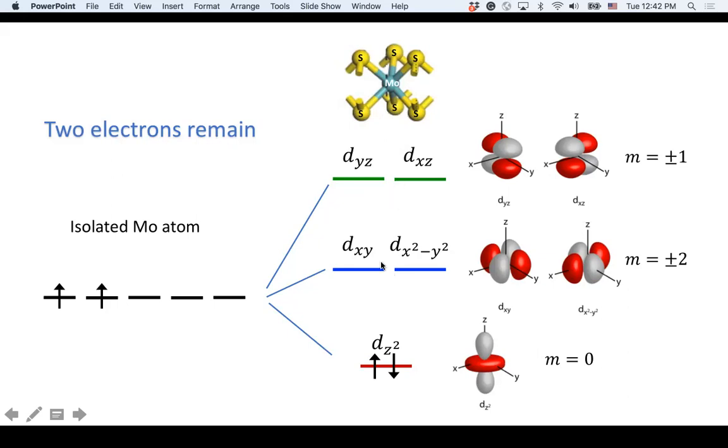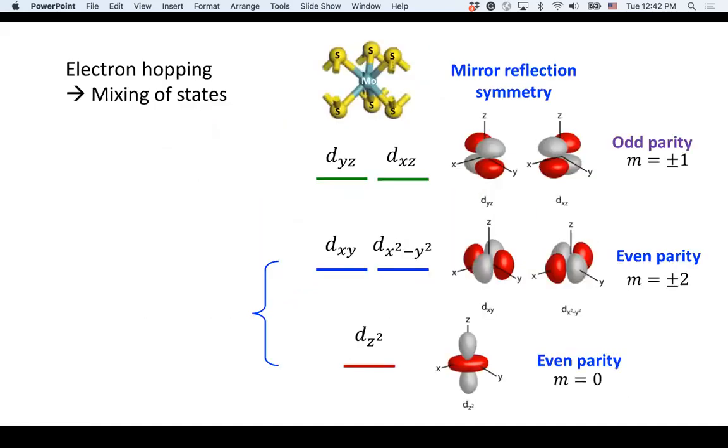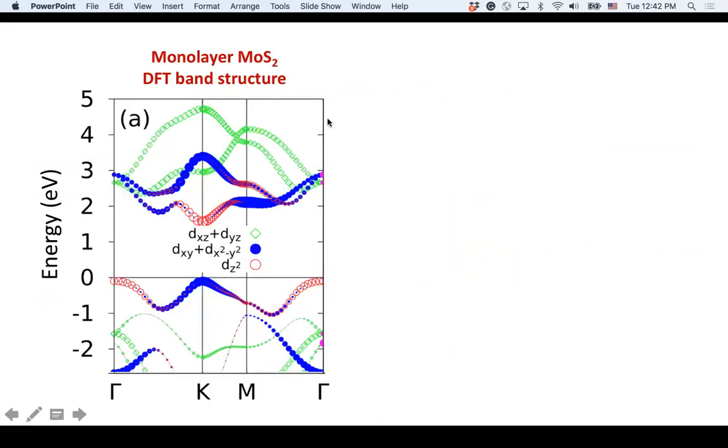And with these 3 levels, if you do the tight-binding model, then you're going to get a band structure like this. If you don't consider the hopping, then the energy gap will be at the gamma point. So this energy gap is due to the influence of the S atom.